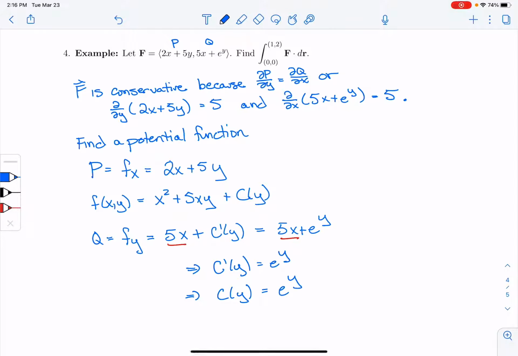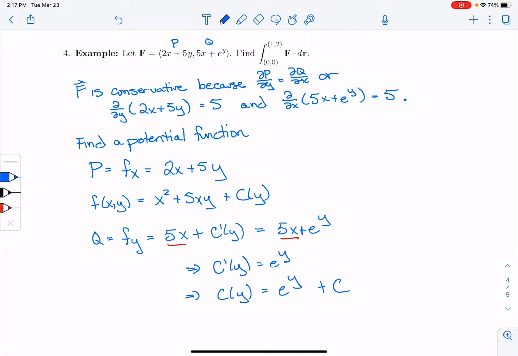Now, you would normally say plus a constant, but we're going to evaluate this line integral using this potential function, kind of like we evaluated integrals using antiderivatives, and you don't need to use the arbitrary constant when you're evaluating using potential functions or antiderivatives, right?